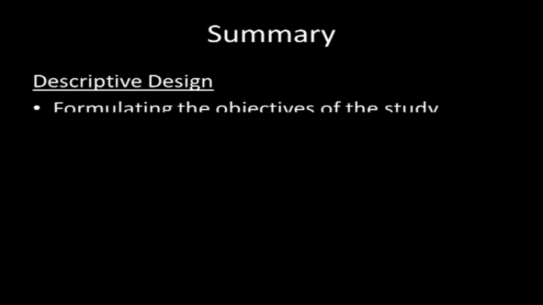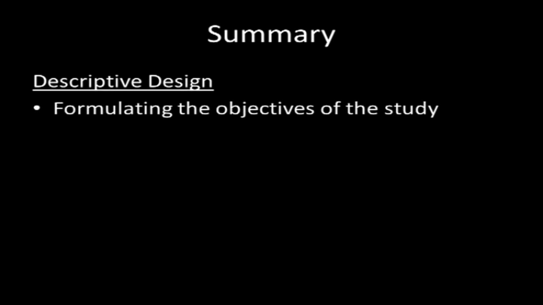Students, so far I have been explaining to you what we mean by design, and among the few designs I explained to you the descriptive design. In the beginning I explained to you the objectivity, reliability, validity and generalization in research design, and in the second part I explained to you descriptive design, and descriptive design consists of 5 steps.